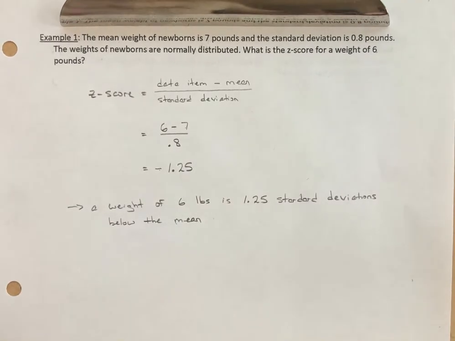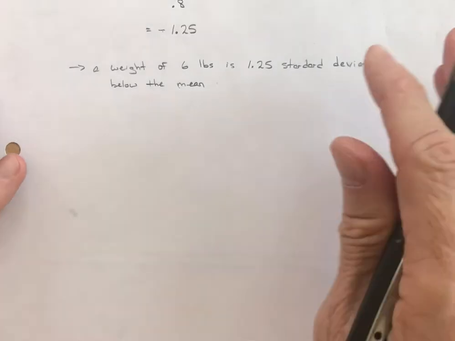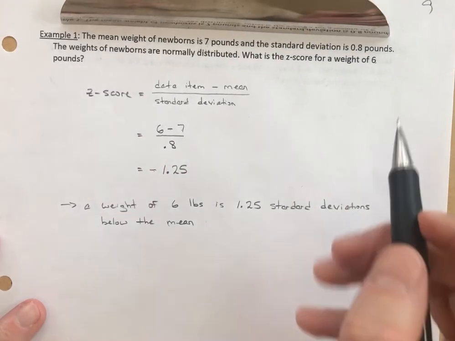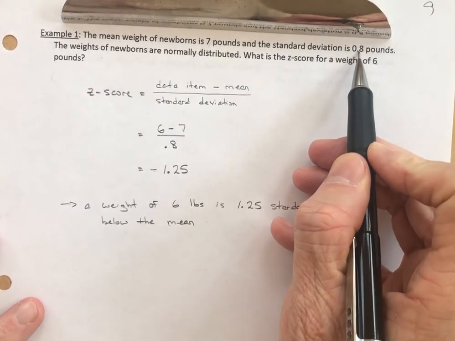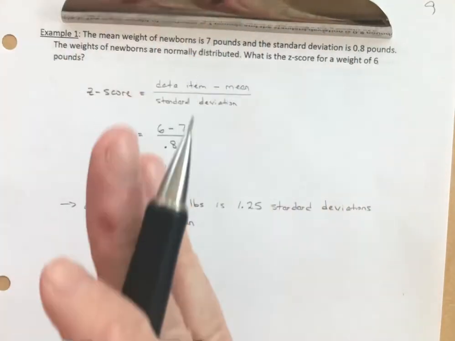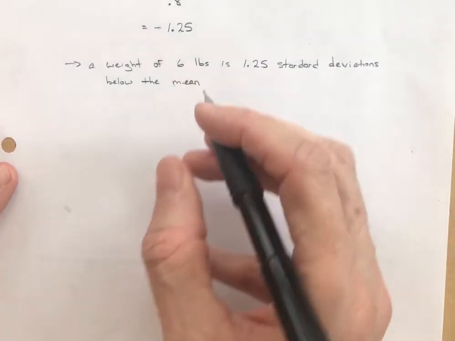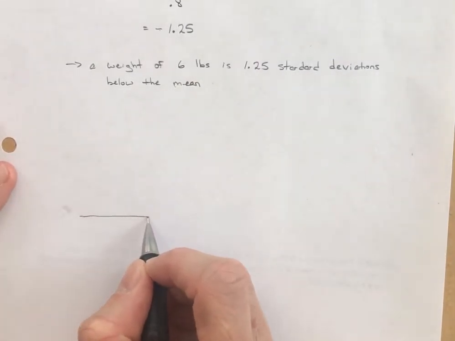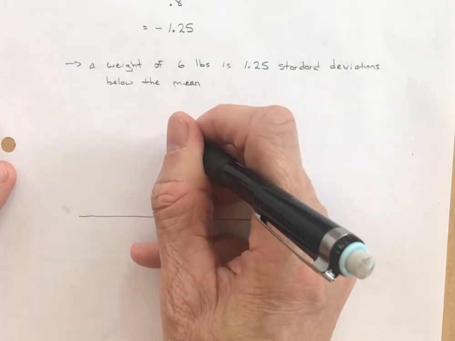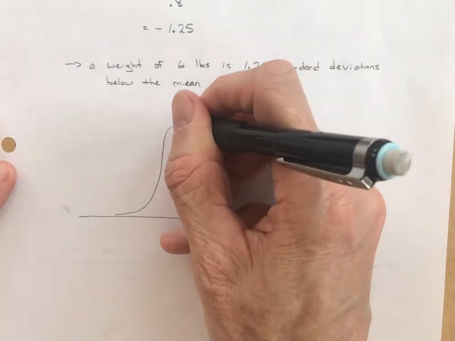Okay, let's take a look at this on the normal distribution graph. Now, you'll notice our standard deviation is quite small, so our data really is clustered very tightly against the mean. I'm going to try to draw that. So what this means is that we have a normal distribution.